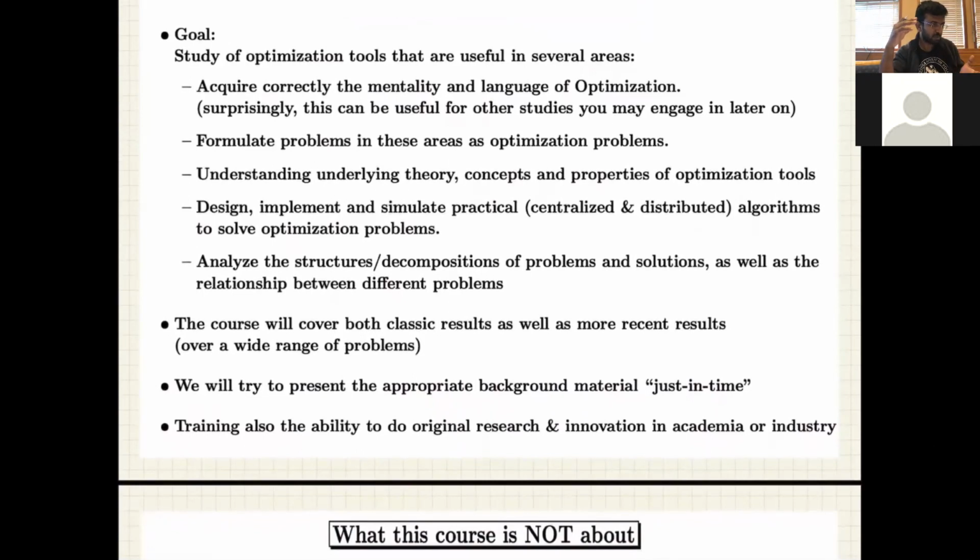If it is not convex, how to deal with that is very difficult, we know that. If it's convex, identify which category of convex problem it is, and then see which is the best algorithm to solve that. This is the objective of this course.